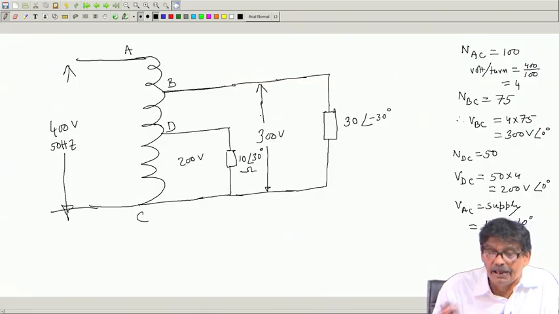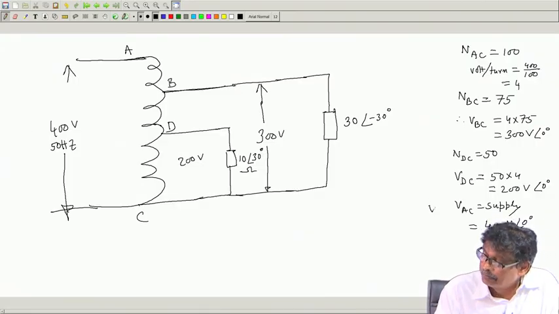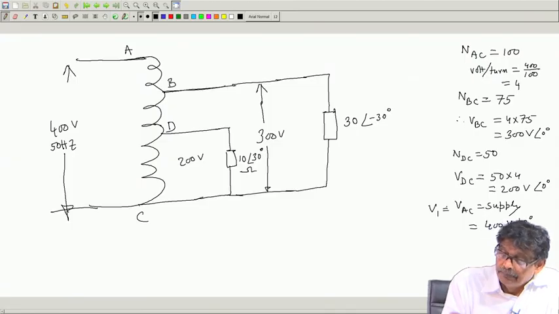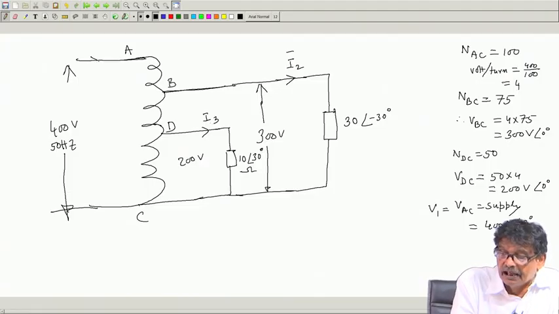So, these two must match. This is your V_1 supply voltage. Therefore, I will first say let this be I_2, let this be I_3 and let this be I_1.